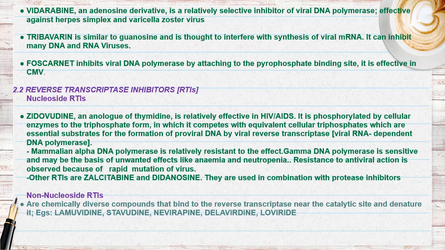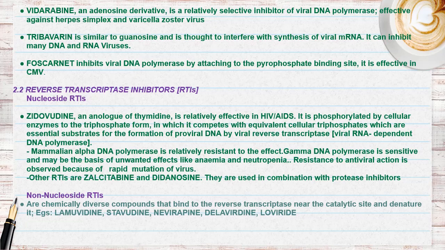Another mode of action under inhibition of transcription of the viral genome is the reverse transcriptase inhibitors. Since this enzyme is involved, these are the drugs which are used in the treatment of AIDS.